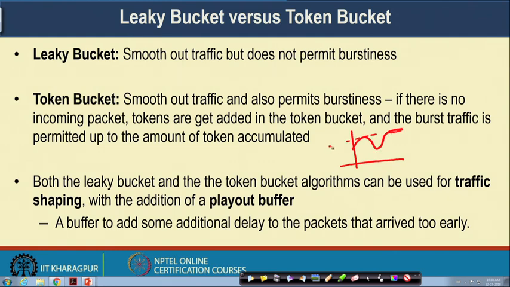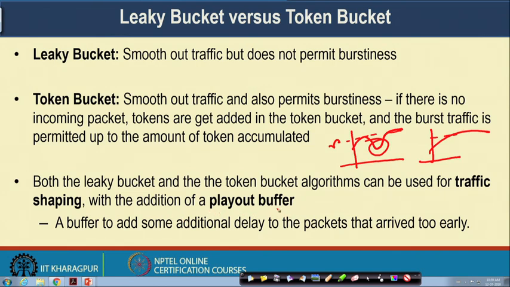Although you are expecting the average rate R, if the application is generating a smaller amount of data, it can go to the lower side. In that case, if you want a completely smoothed rate like the original figure that we showed initially, you can add an additional playout buffer.